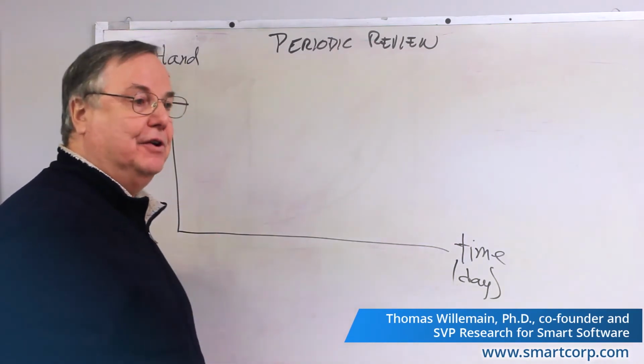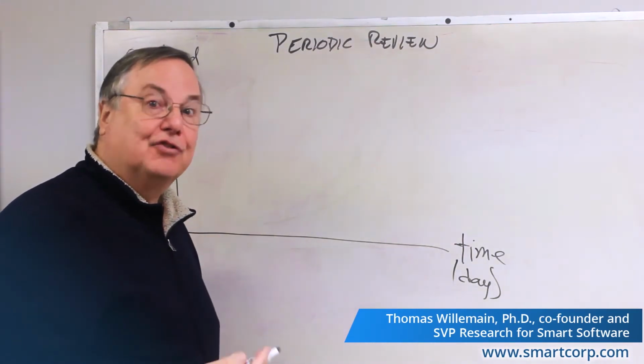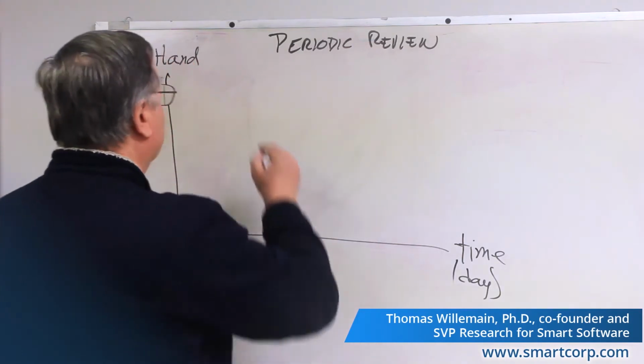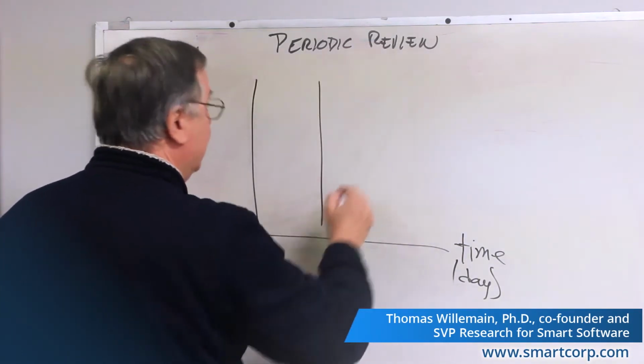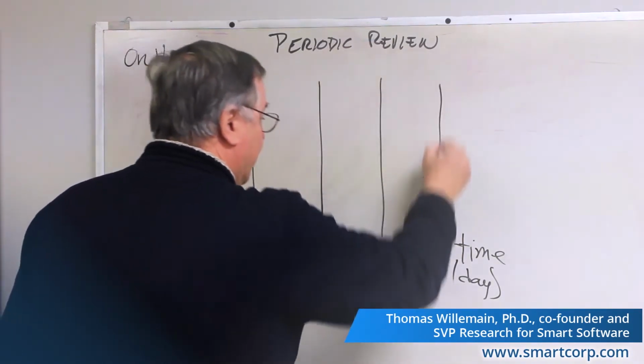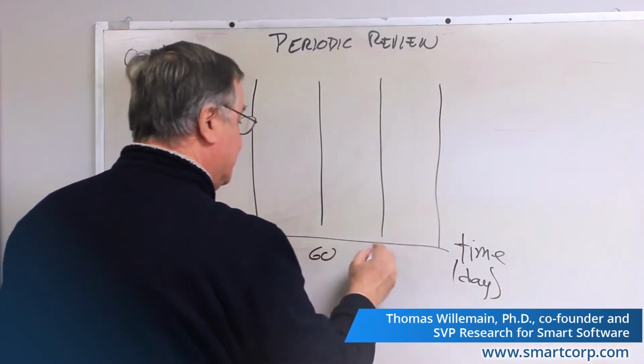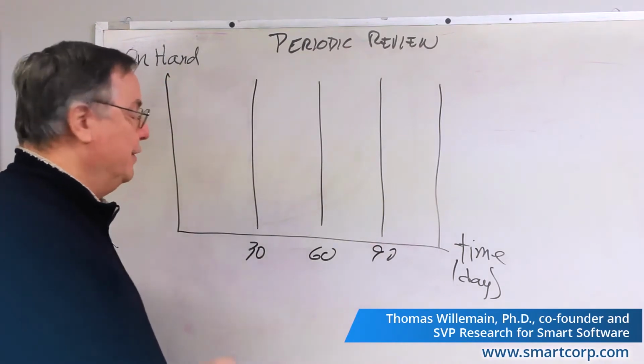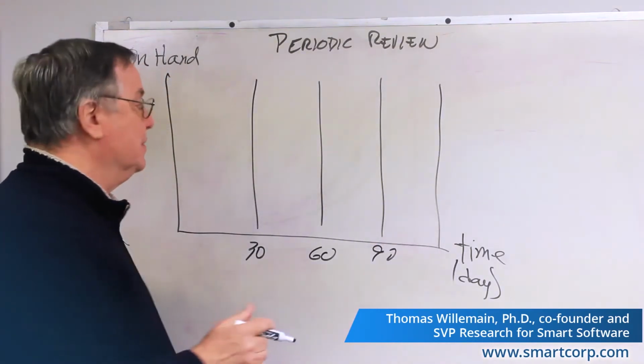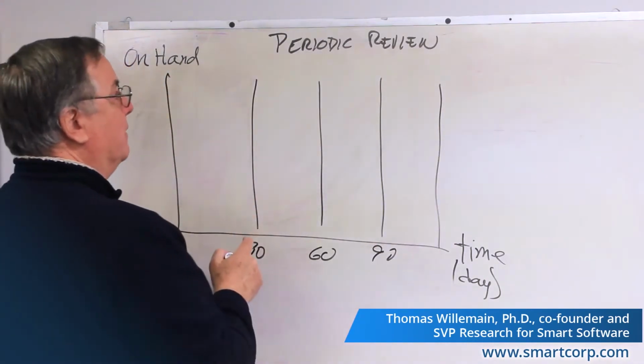That is, how often do you check your inventory and decide how to react to what you find. So it's periodic. So periodically, say at 30 days, 60 days, 90 days, and so forth, you will decide what to do next. So that's one of the parameters.